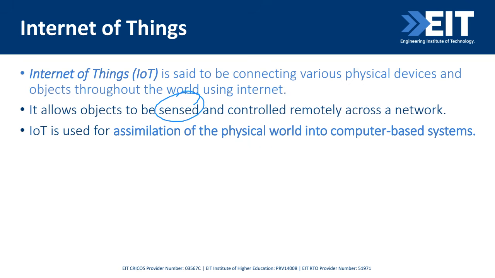So using my smartphone, I can see what's the temperature in my house, and eventually I can turn on or off the heater or the air conditioner remotely. So it allows us to do this type of remote control. Okay? So IoT is about mapping in reality the physical world, like sensors, actuators, etc., onto computers so that we can use computers to access them, to control them, and get data from them.